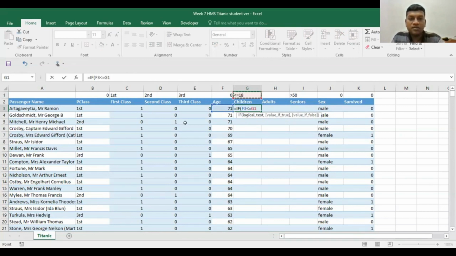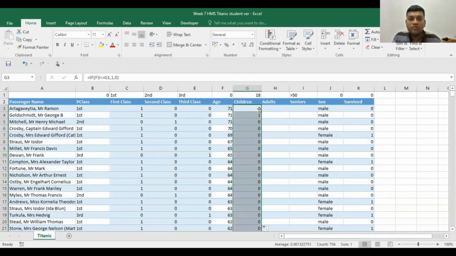Okay, that's an issue. I should have put in some place 18. So if age less than or equal to 18, then it is child, else not a child. Okay, I'll drag the formula down.